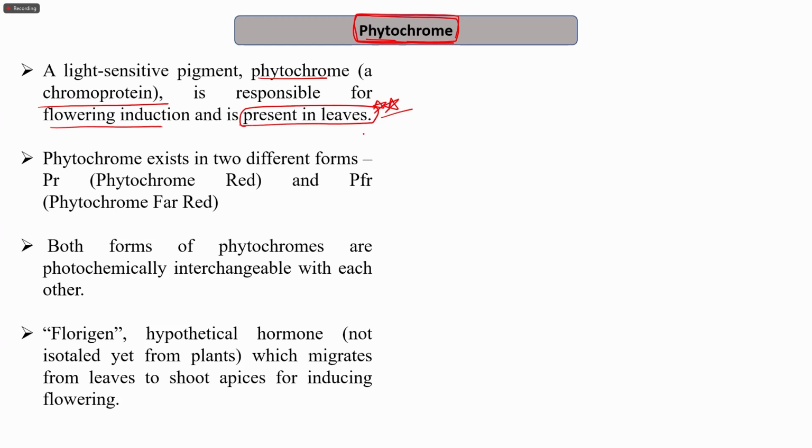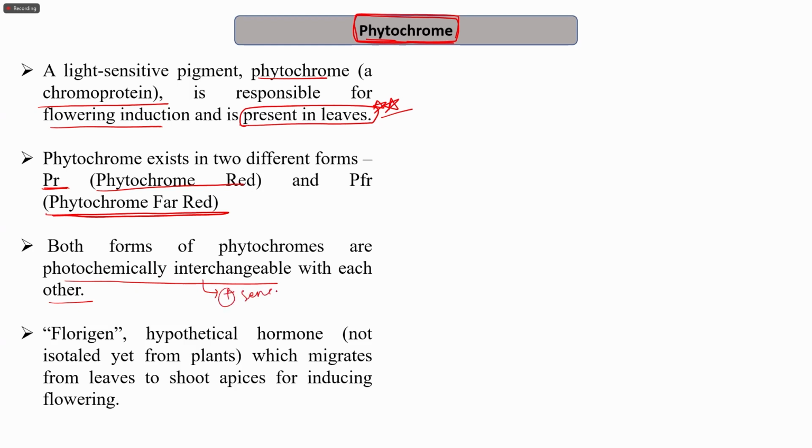And it exists in two forms, that is the phytochrome red, which is represented by PR, and PFR, which is the phytochrome far red. Both forms of phytochromes are photochemically interchangeable with each other. That is, they interchange with each other in the presence of light.